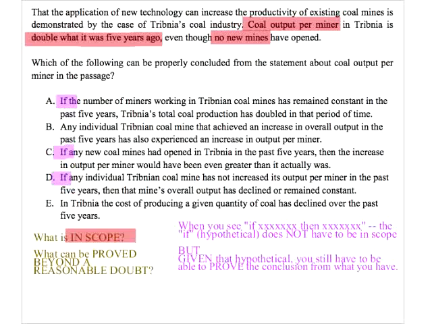But so, yeah. The problem with B is that it's talking about individual coal mines, and this is Tribnia as a whole. So same thing, if any individual coal mine has not increased its output, then its overall output has declined. Well, we don't know that because you can't generalize.